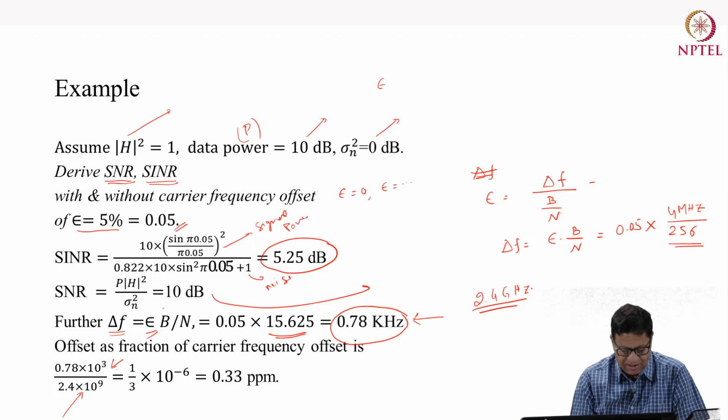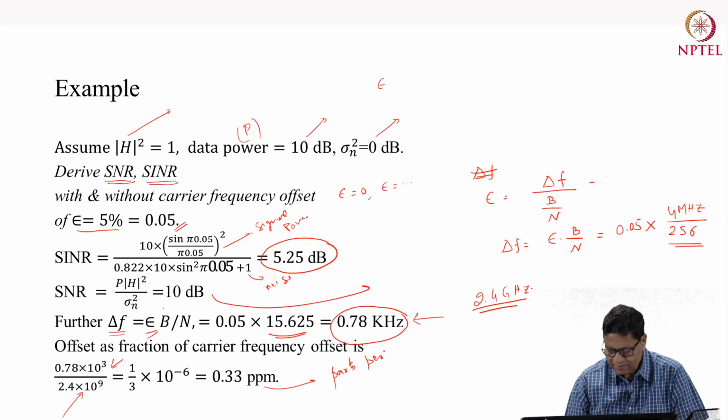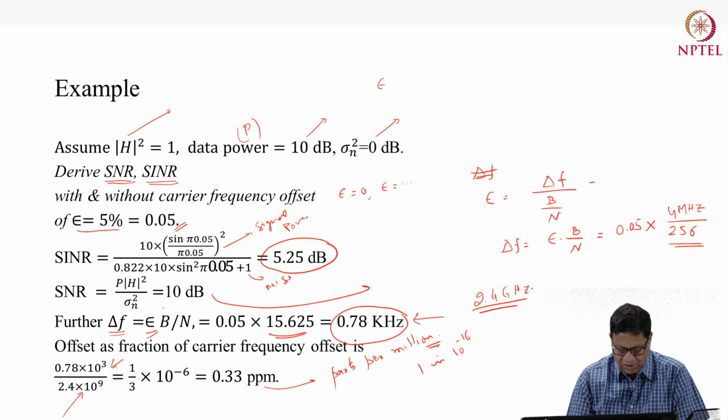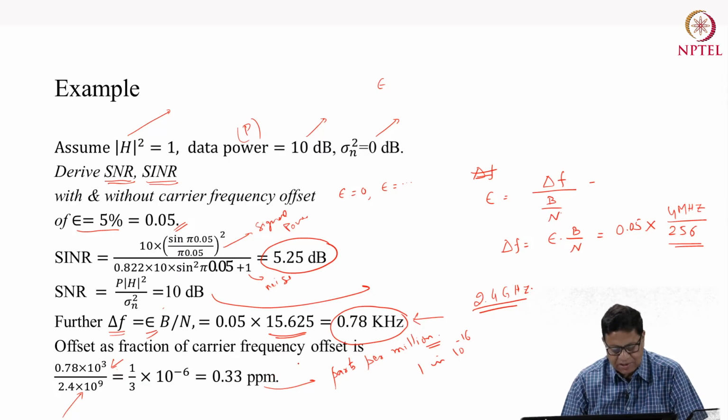So this gives me 0.33 ppm. ppm stands for parts per million, that is, 1 in 10 to the minus 6 is 1 ppm. So what I get is 0.33 ppm. So that is the offset which will give a degradation of SNR by almost 5 dB for these parameters.